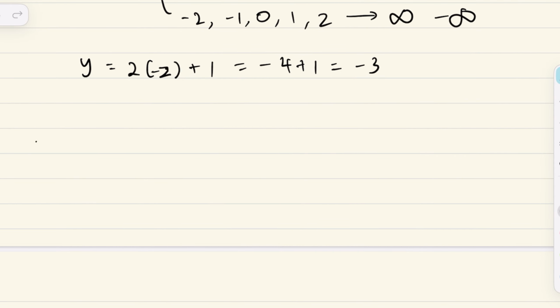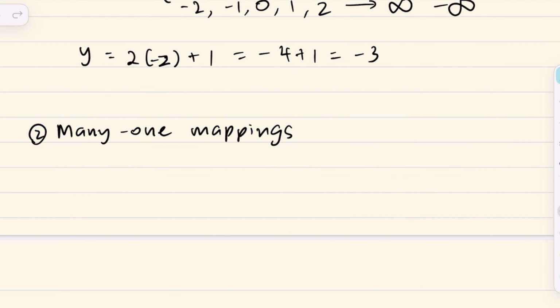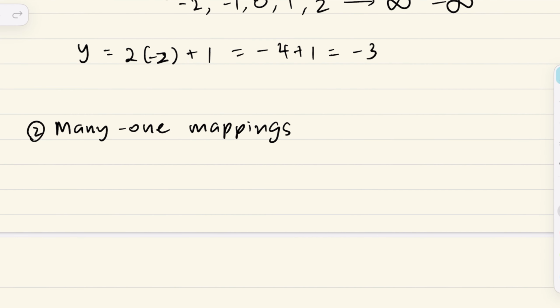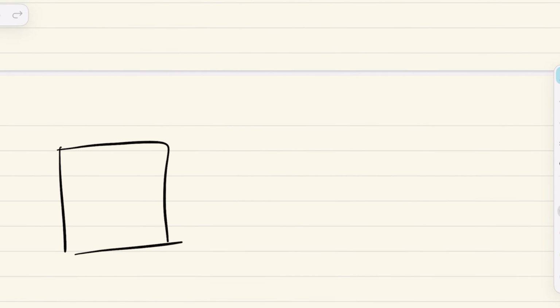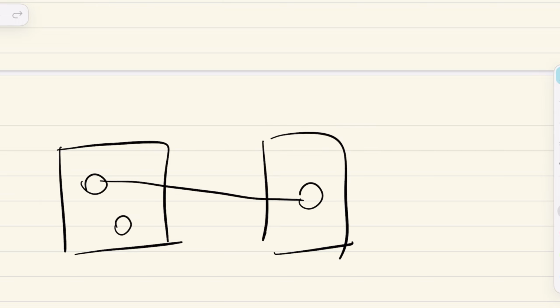Next up, we have many-to-one mappings. In many-to-one mappings, different inputs can give the same output. Let's draw that here. This is our inputs, this is our outputs. Different inputs can give you the same output.